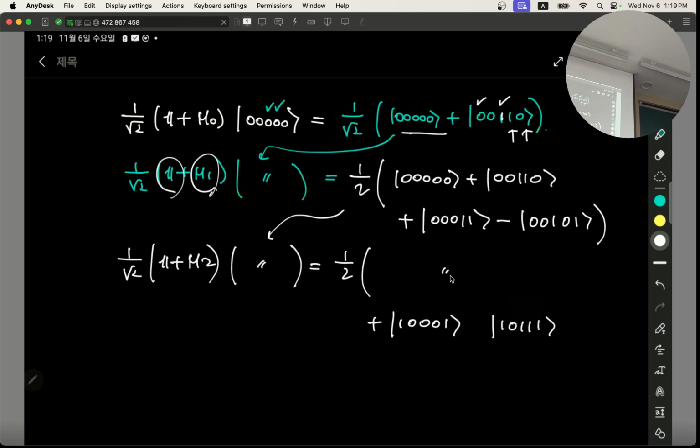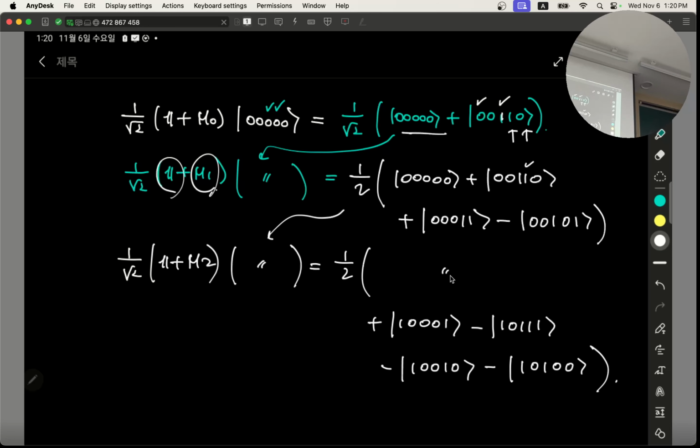But now we have a minus because here the second qubit is applied by Z here, and then plus 1, 0, 0, 1, and 0, get minus here, and then you get 1, 0, 1, 0, 0, minus. So you get a base state applied, summed up to a superposed state after applying this gate.